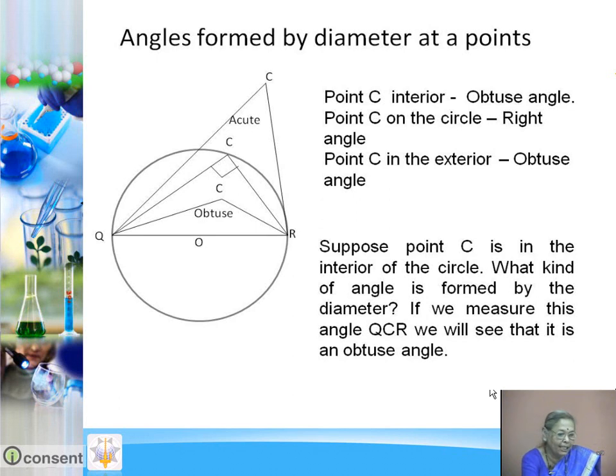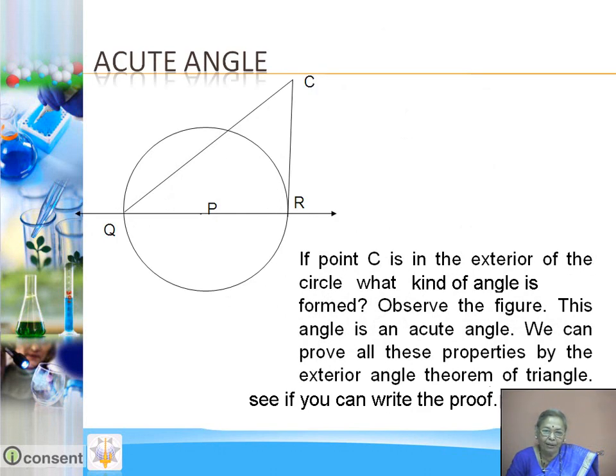Now if this point C is outside the circle, then what will happen? The angle formed when point C is outside the circle is always an acute angle.